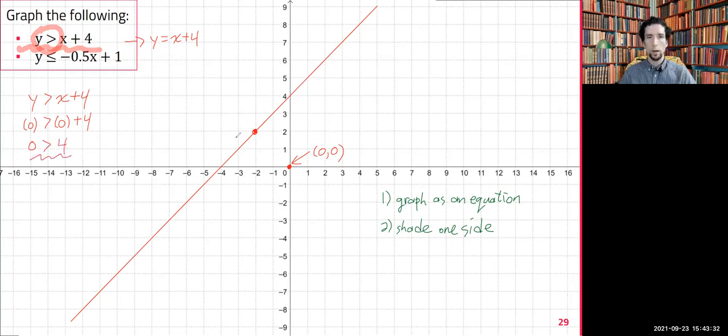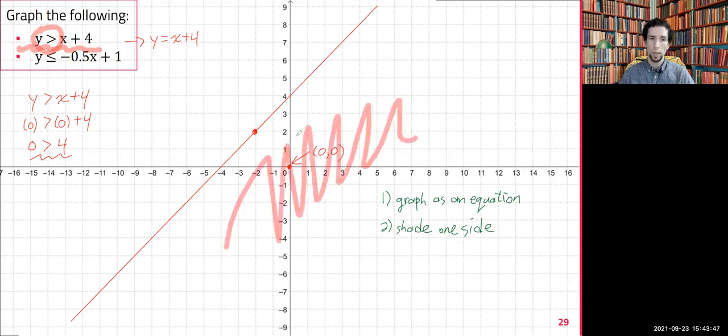Okay, we have a statement here and we will evaluate that statement. Is that a true statement or is that a false statement? If it's a true statement, then that means that we are going to shade in the area that includes this point, because that point is a solution to the inequality. So that point is part of the solution space. It's included in the inequality.